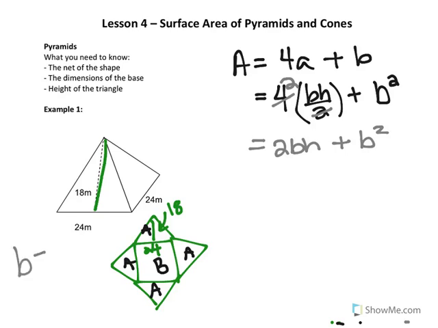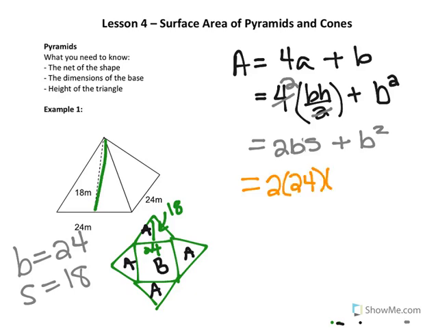And in this instance, our base is 24, and our height, instead of calling it H, let's actually call it S for the slant. Okay, the slant's 18. Alright, so we have 2 times 24 times 18 plus 24 squared.